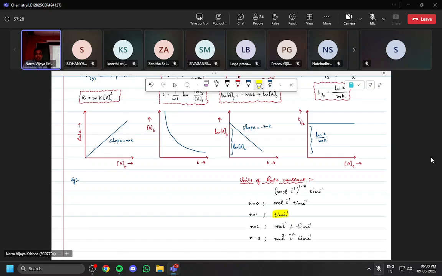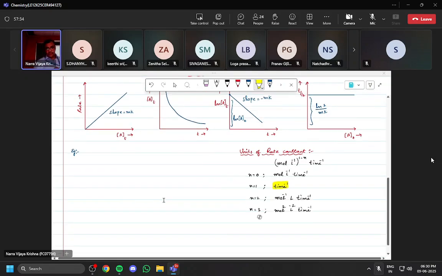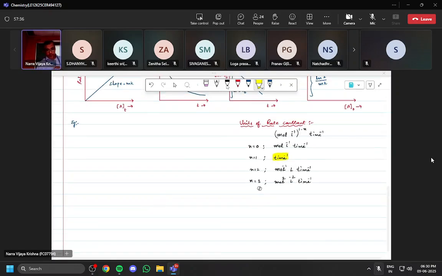Right? So we need to see some examples for first order kinetics. The first one is the decomposition of hydrogen peroxide. So what we can write? H2O2 gives H2O plus half O2.